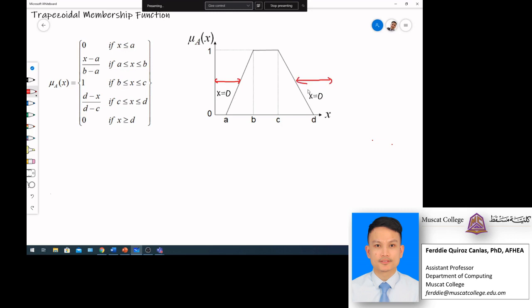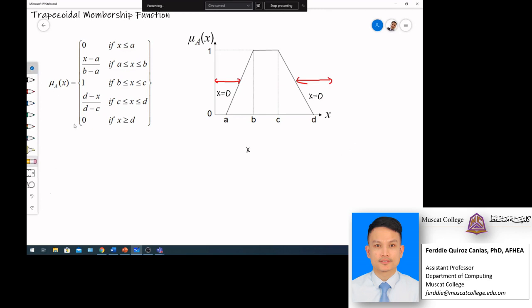Okay, so you have to look at that. Now if my x is between A and B, it's between A and B, my x. Let me just erase this point here, I don't need these points.